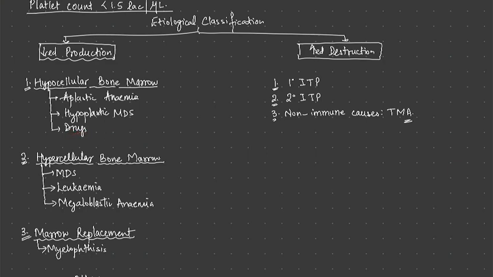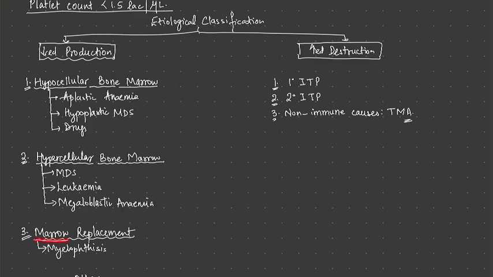In case of hypercellular bone marrow, we can see myelodysplastic syndrome, which is hyperplastic, leukemia, megaloblastic anemia, and sometimes there is replacement of bone marrow by some other neoplastic cells. For example, we see in primary myelofibrosis, or we see in DLBCL, or we see in follicular lymphoma.